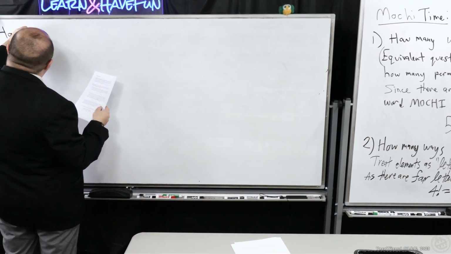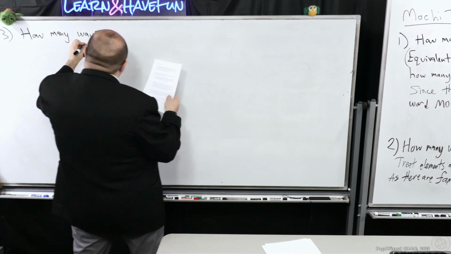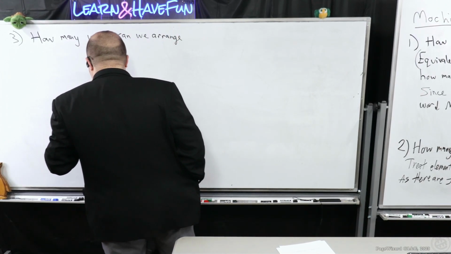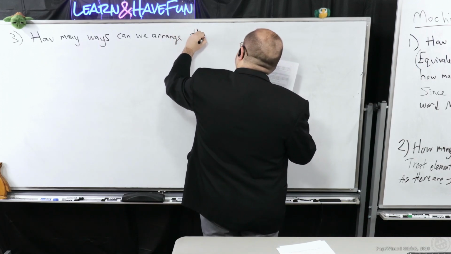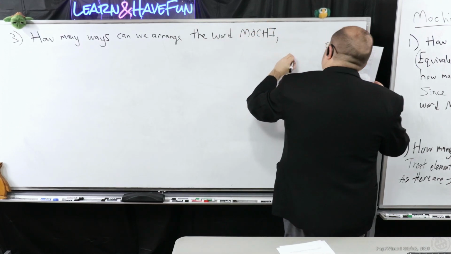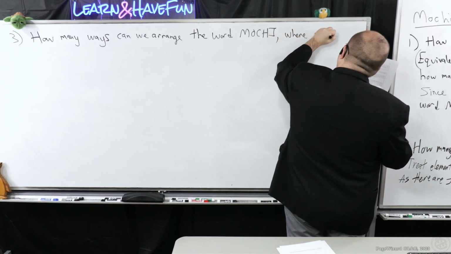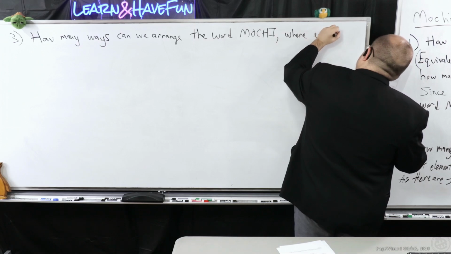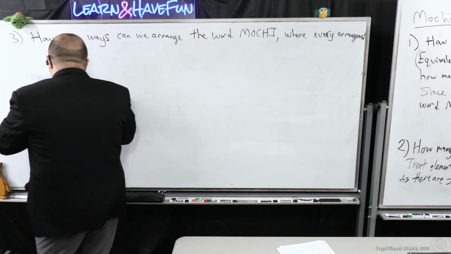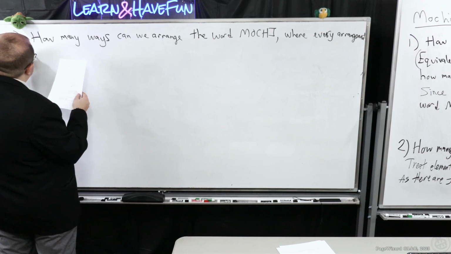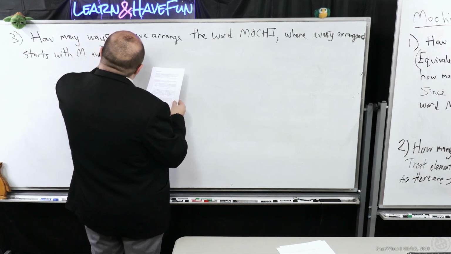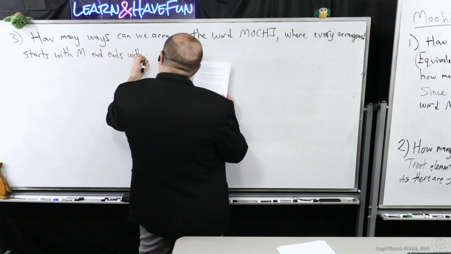How many ways can we arrange the word mochi where every arrangement starts with M and ends with, let's make it end with I.